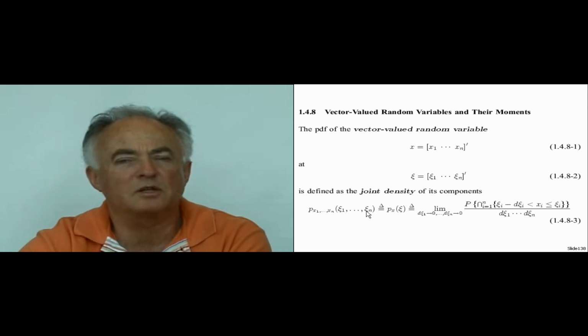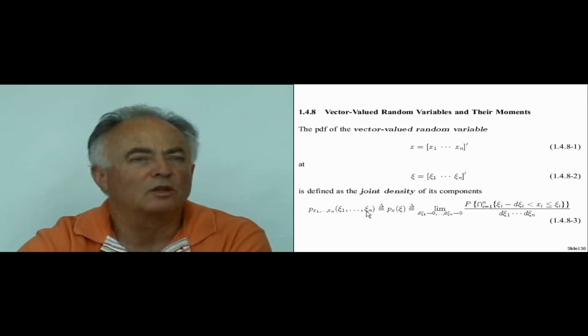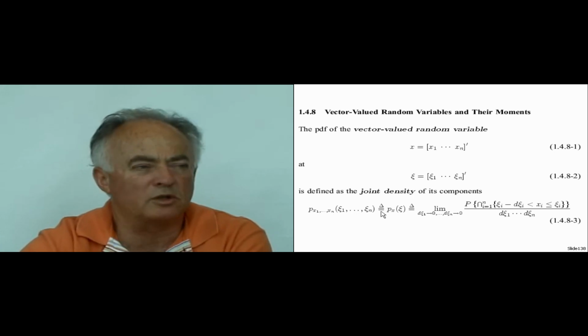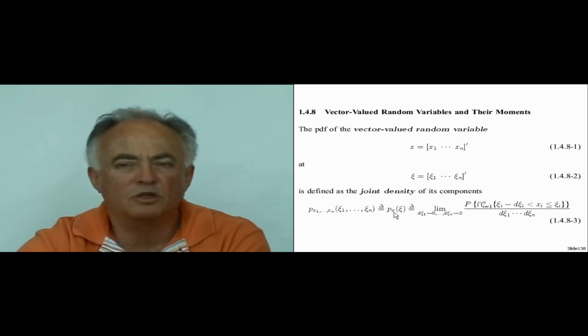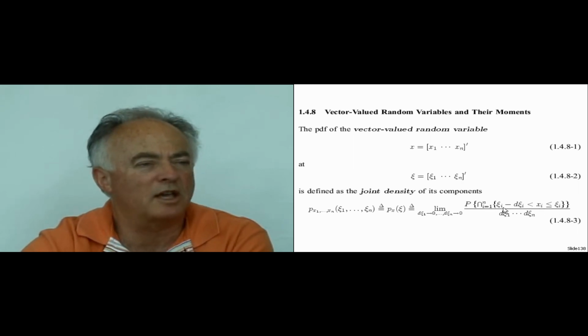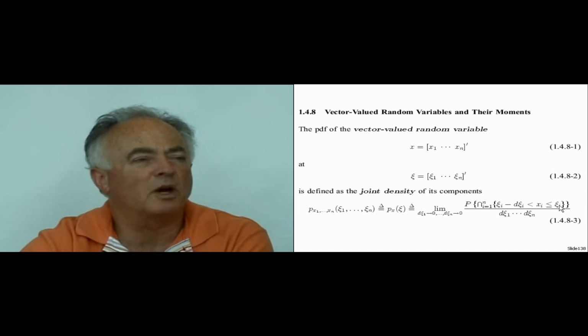What we're doing here is denoting this joint density with the full notation with all components. Again, the full notation, but this is now a vector notation. The subscript is the vector x, the argument is the vector xi. This is the limit of the probability of the intersection of n events, for i from 1 to n, that xi is between xi minus dxi and xi, divided by the product of dxi1 through dxin.